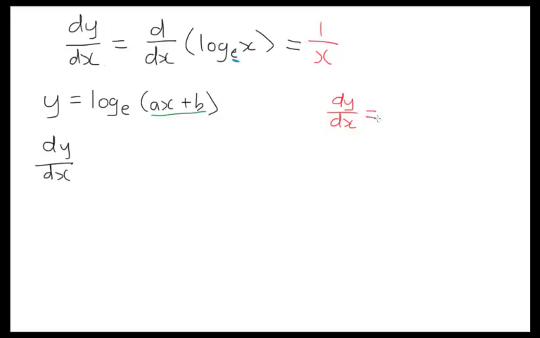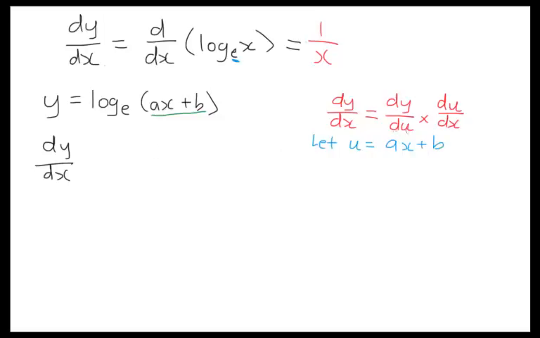The chain rule goes as follows: dy over dx is equivalent to dy over du times du over dx, where u is some sort of substitution, and the substitution we're going to make is simply we're going to let u equal ax plus b.